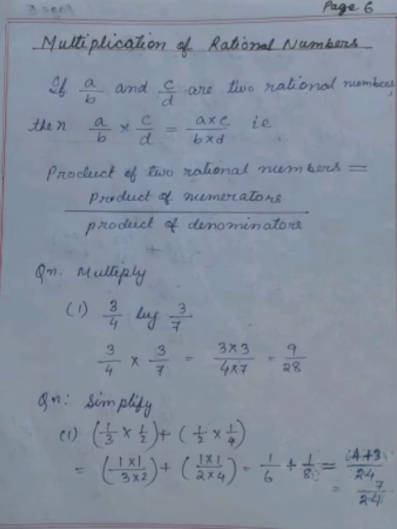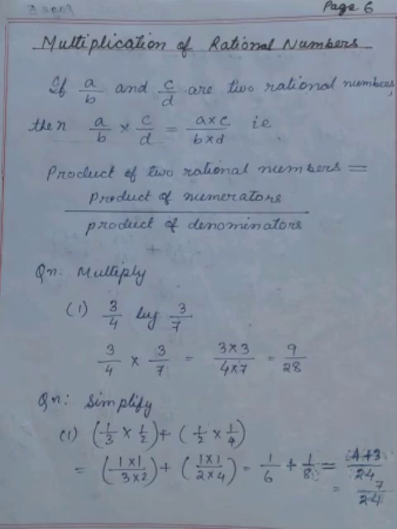Here, question number 1, multiply 3 by 4 by 3 by 7, which will give 3 by 4 into 3 by 7 equal to numerator into numerator 3 into 3 divided by denominator into denominator 4 into 7, which is equal to 9 by 28.